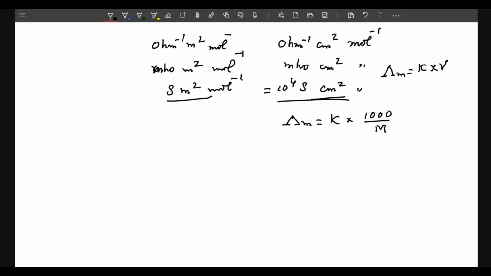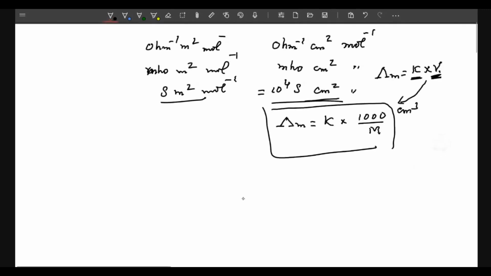Here, if kappa is expressed per centimeter, the volume should be expressed in centimeter cube, ml. If meter is given, you should accordingly change this. This is the equation you have to write if volume is given in centimeter cube.